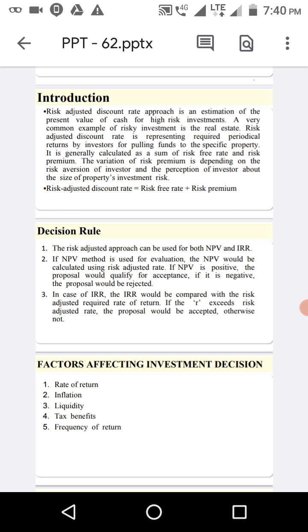So next, factors affecting investment decisions. Investment can be said to be an art. Many people invest money without knowing what they are doing. Only a few people really understand the art of investing money.